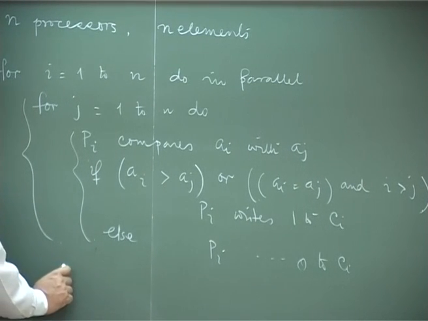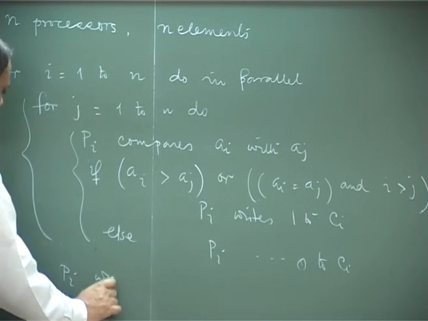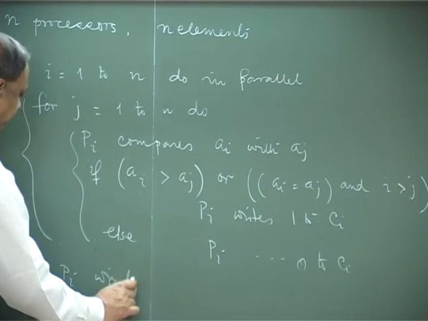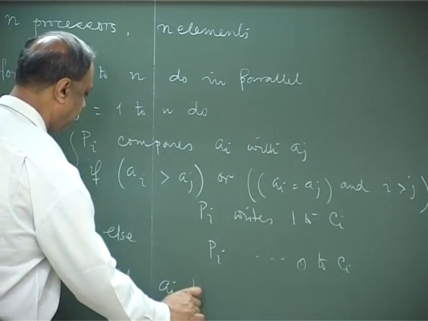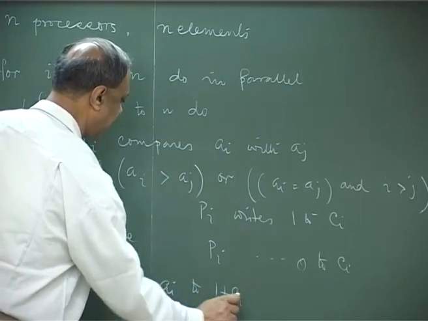Then Pi writes Ai to position 1 plus Ci.